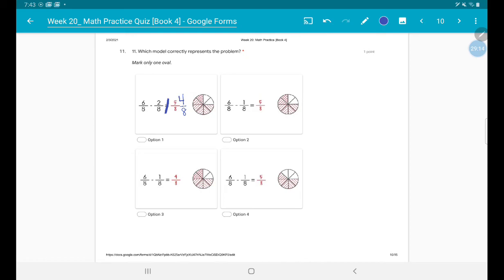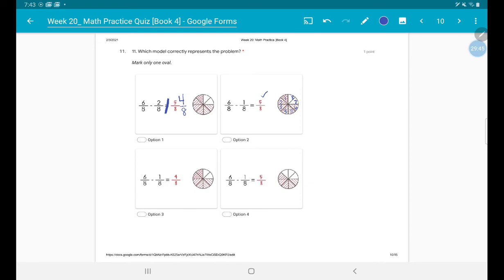So let's move to option 2 and see if it's correct. My denominator is the same, so I'm ready to subtract. 6 minus 1 equals 5. So 6/8 minus 1/8 is equal to 5/8. That's correct. I'm going to check my model. 1, 2, 3, 4, 5, 6 pieces are shaded, so we're starting out with 6/8 because there are 8 pieces in the whole.